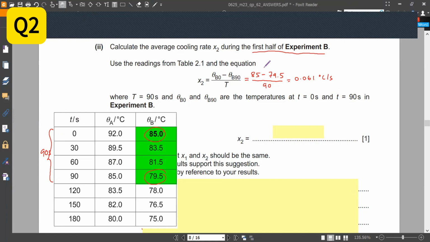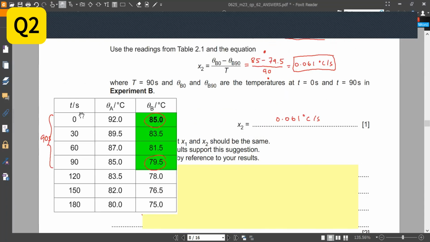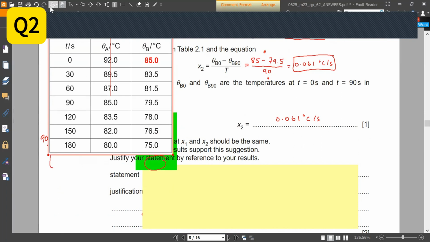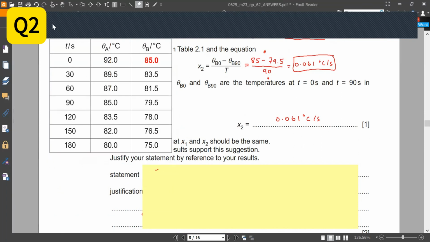So 85 minus 79.5 divided by 90. That gives us 0.061 degrees Celsius per second. So these are the results we have so far. Okay, so we already have the two answers.